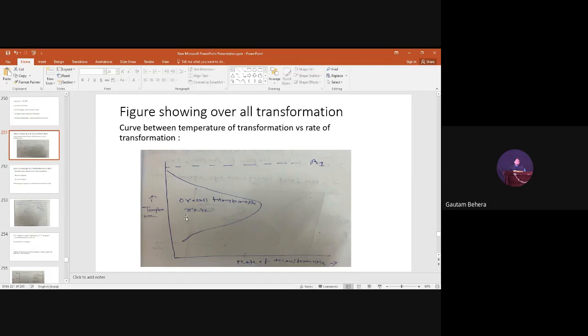And as I told in the earlier lecture, the overall transformation rate depends upon both the rate of nucleation and the rate of growth, or in other words, the kinetics of overall transformation depends upon the driving force as well as the rate of diffusion. I think this part is clear to everybody.